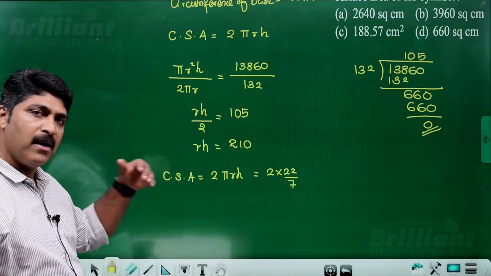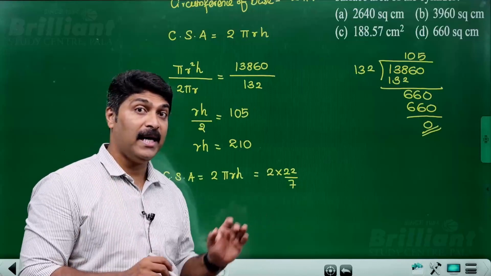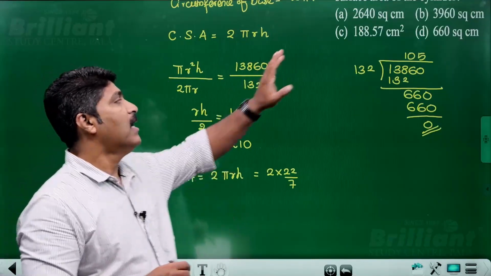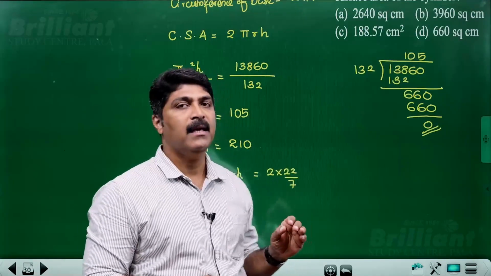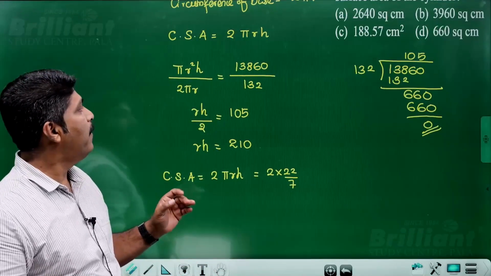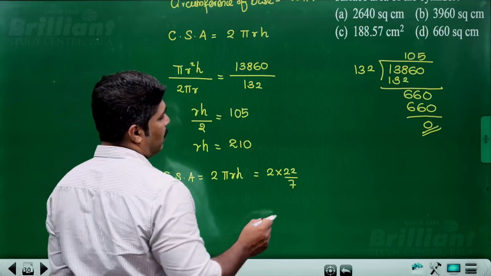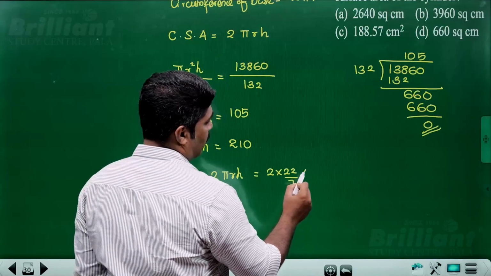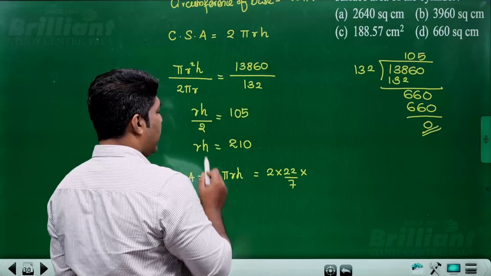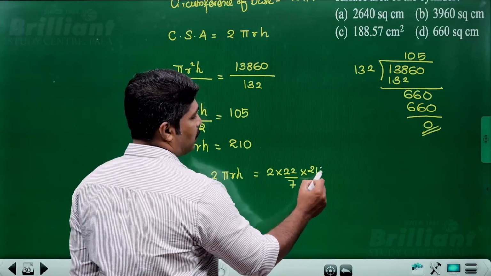In this kind of question we use the value of pi in the form of a fraction because the question doesn't contain any pi value. Therefore, directly use it. 2 pi rh, so here this is 22 by 7, and rh we already got, that's equal to 210.